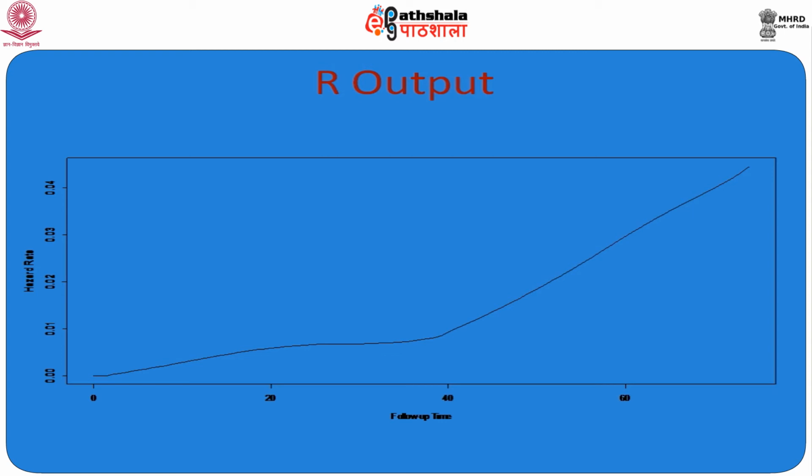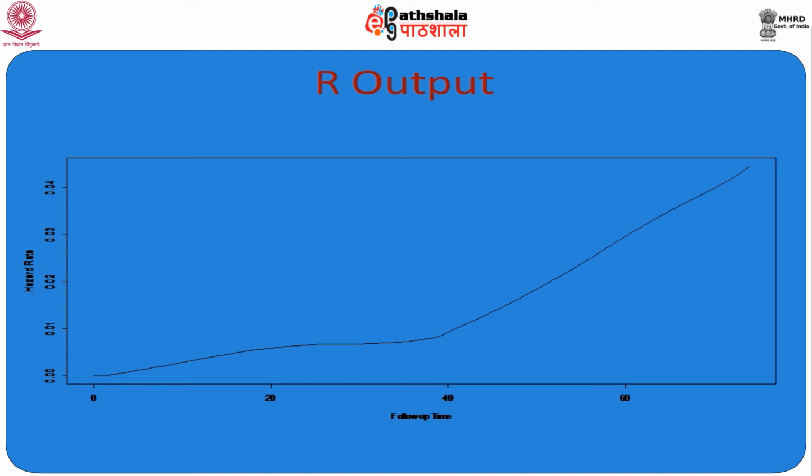You can see that initially the hazard rate was nearly 0, that's why the survival rate was 100%. As time passes, the hazard rate keeps on increasing, and at the end of the study it reached a maximum of more than 4%.